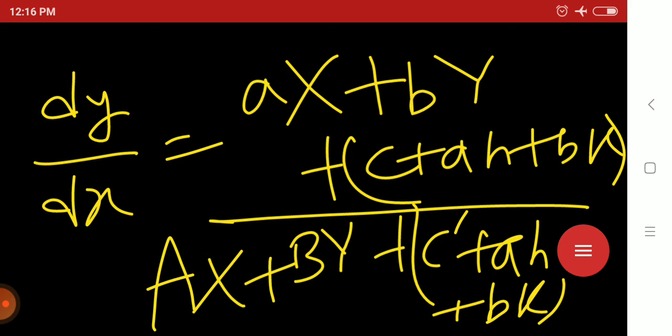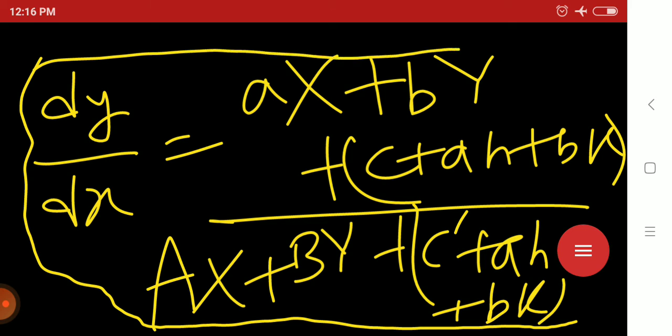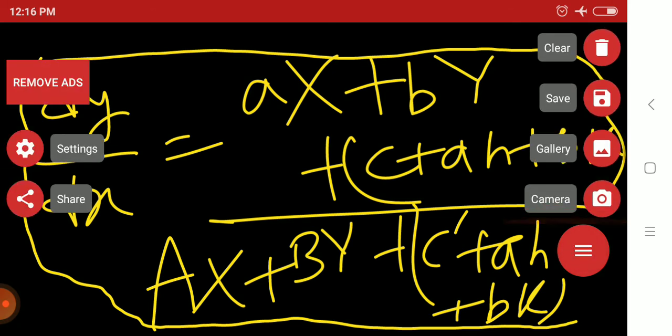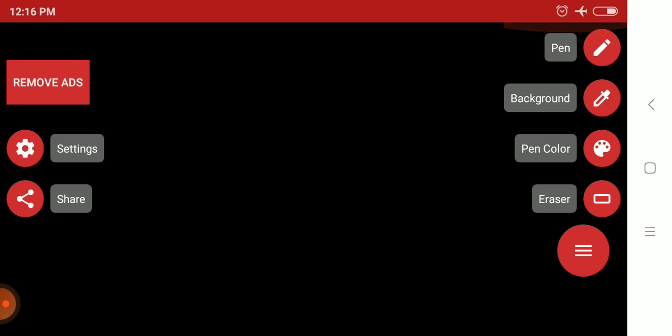You are getting this form now. Whenever you are getting dy by dx equals ax plus by plus c by capital Ax plus capital By plus c prime, then all these steps you have to do to find the solution.